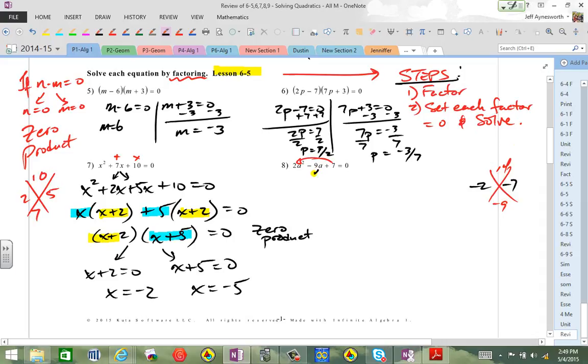Here we go. 2a squared minus 2a minus 7a plus 7 equals 0. Factor out a 2a. Factor out a negative 7.